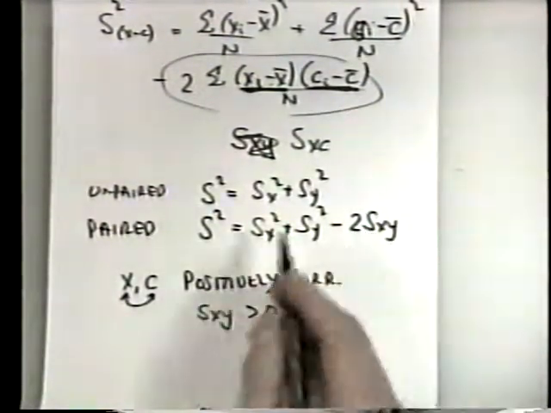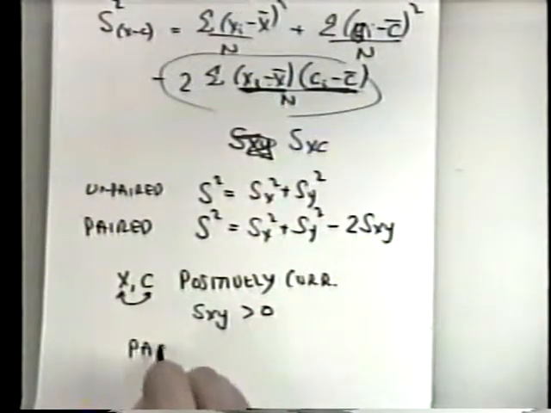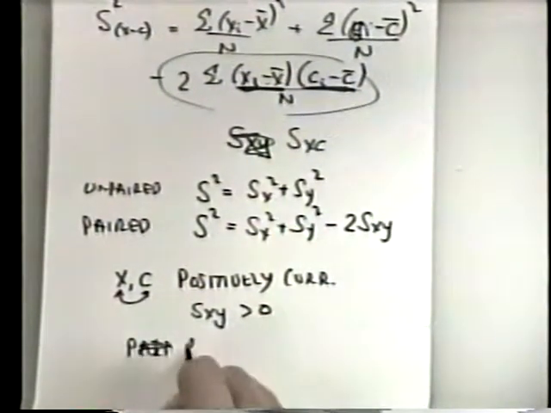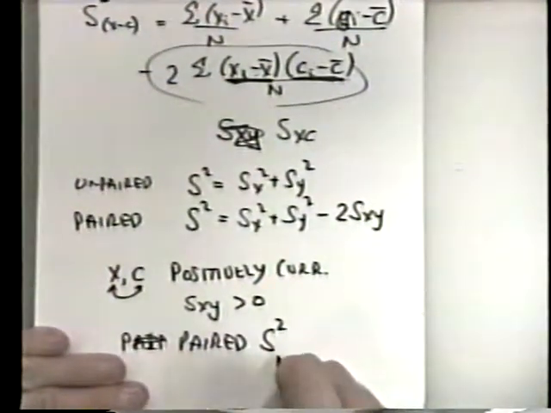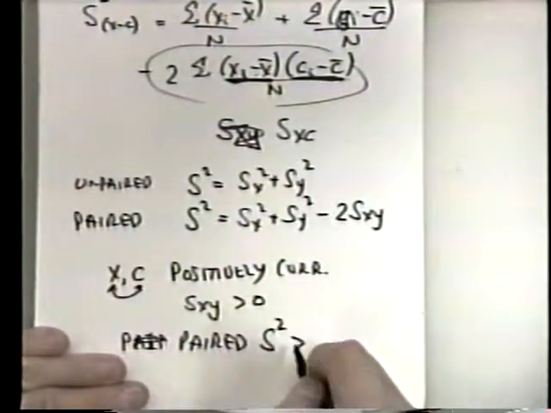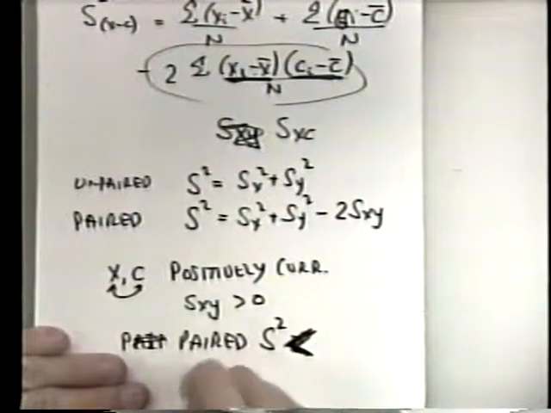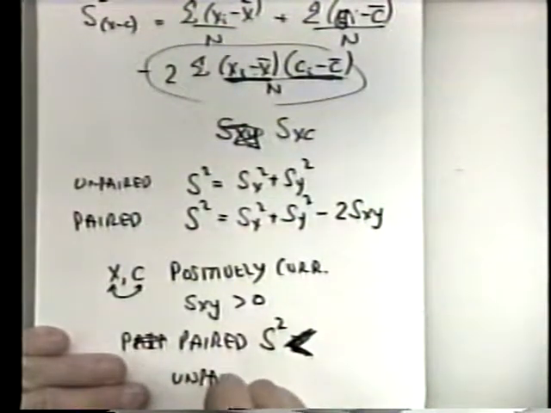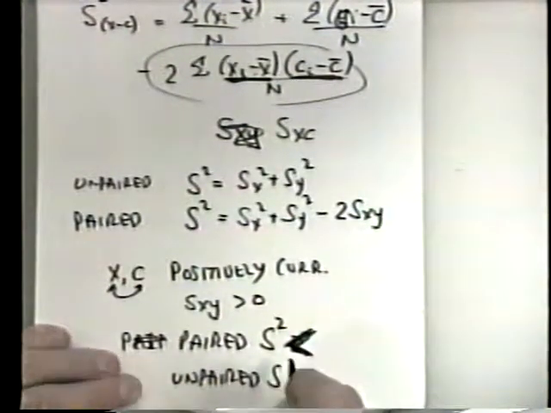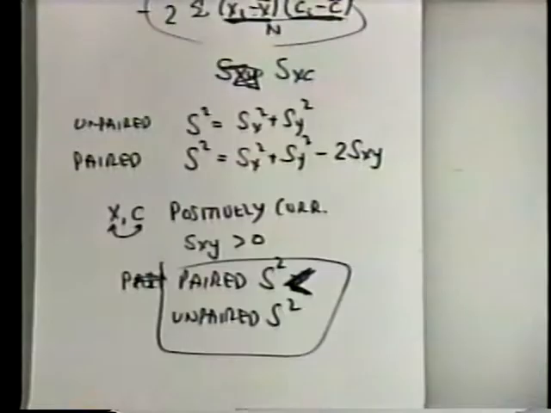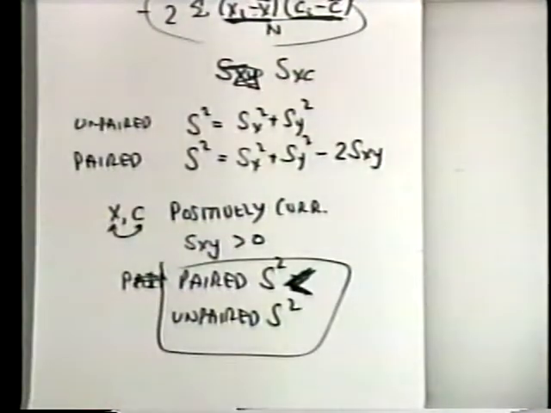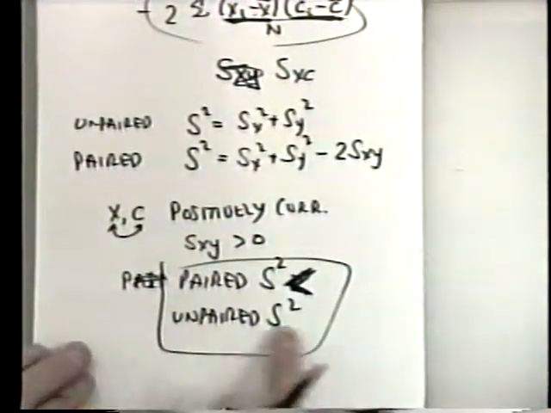And if this is greater than 0, it means the paired S squared is less than the unpaired S squared. Okay? Because since Fred is Fred, the paired S squared is less than the unpaired S squared.